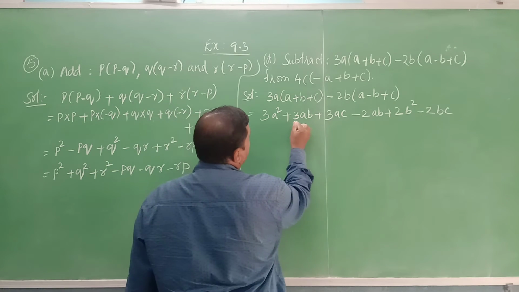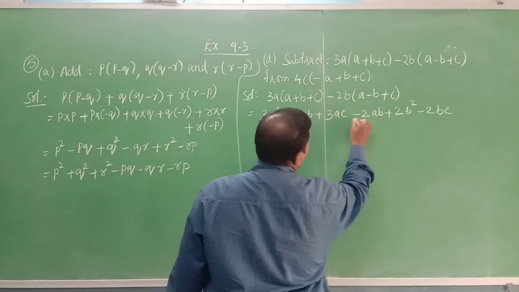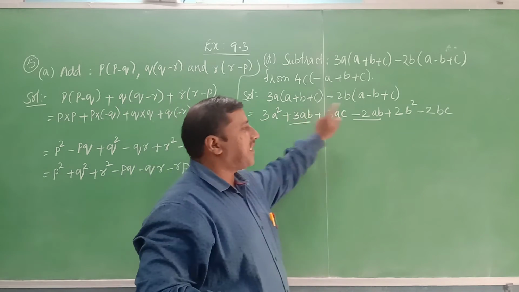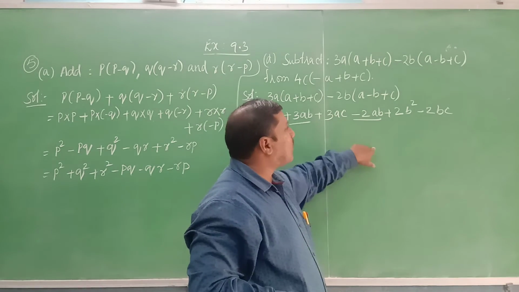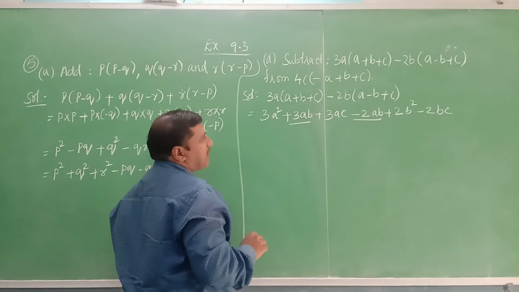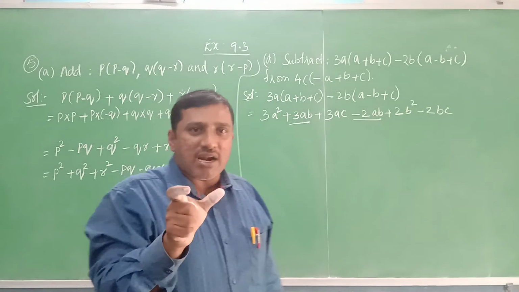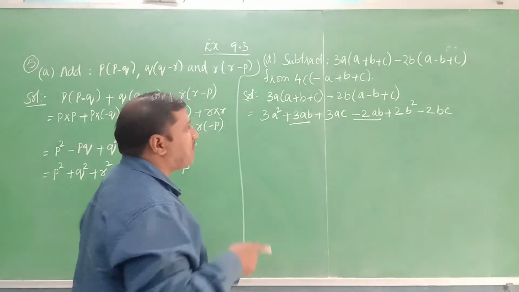Now you see here plus 3ab and minus 2ab, both are like terms. 3a square has no like term, 3ac has no other like term, and 2b square and minus 2bc have no like terms either. So you can simplify 3ab and minus 2ab by subtracting their coefficients: 3 minus 2 is 1, so 1ab or simply ab.